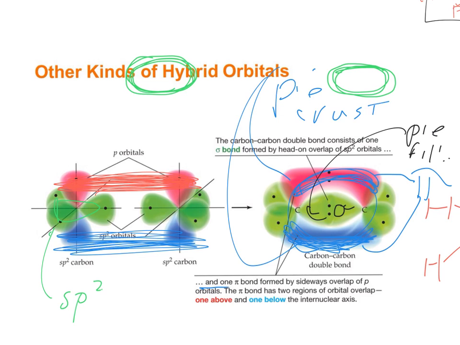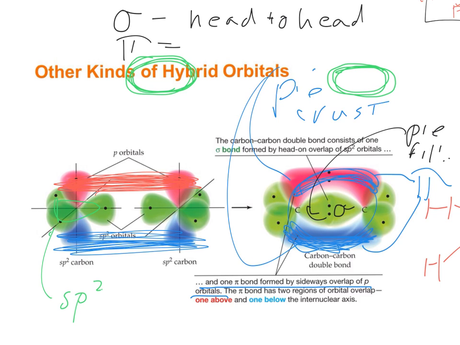A pi bond is formed by a sideways overlap of p orbitals. Sigma bonds are formed by that head-to-head overlap. Sigma, head to head. They bump into each other. Our pi's have to do it sideways.